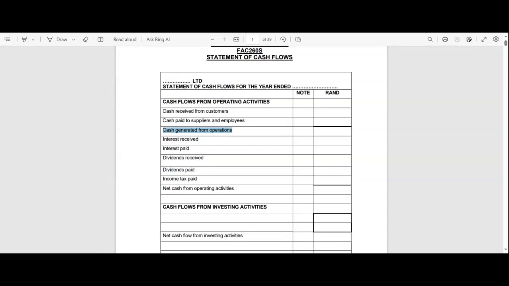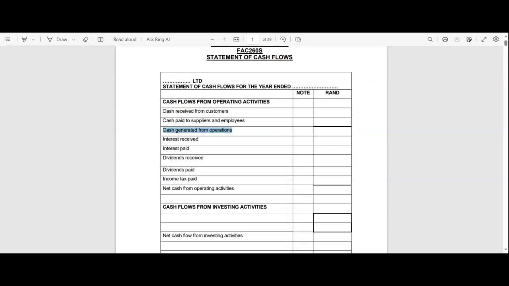It is not impossible, as we'll see later on, because there could have been an accrual at the beginning or end of the year that was actually paid during the course of the year. But anyway, we'll look at that at a future stage.